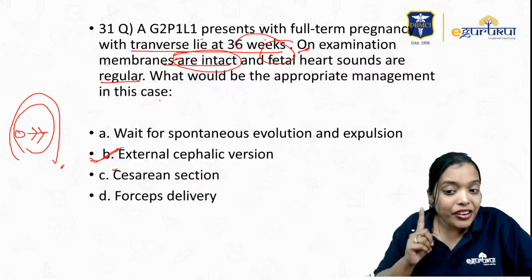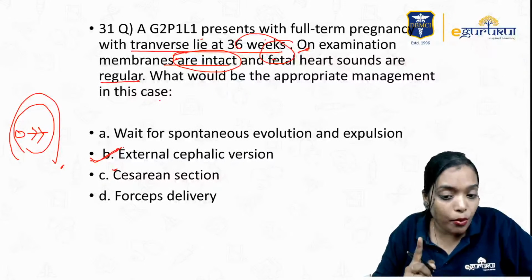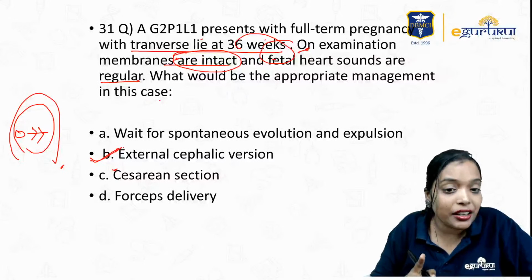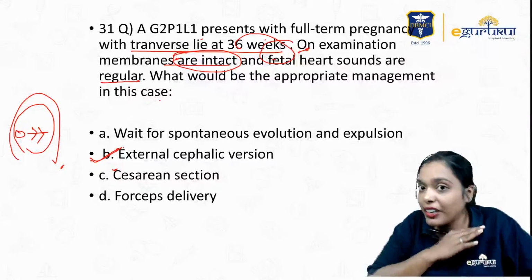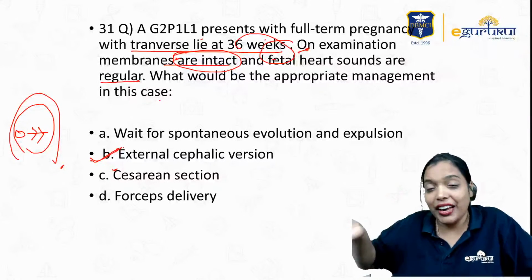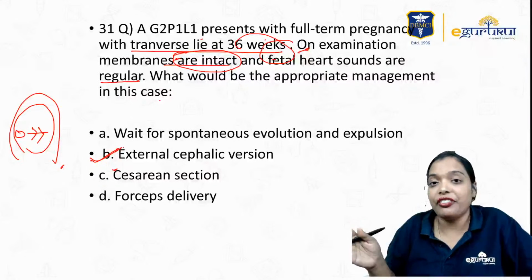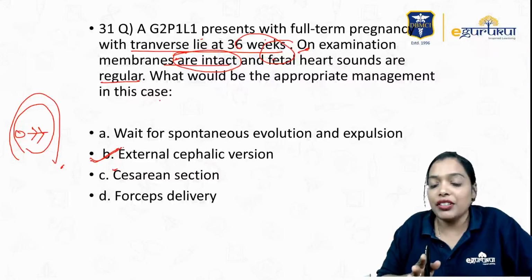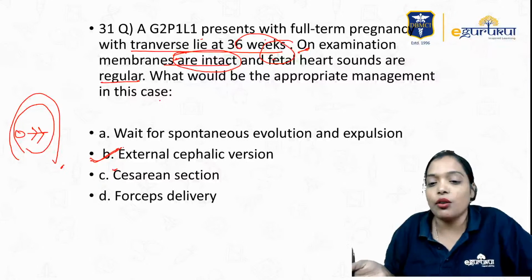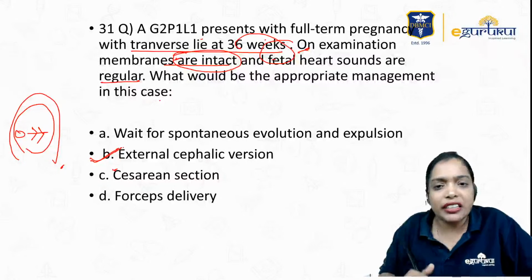So that is why here we are going to go for external cephalic version. Never wait and watch for spontaneous expulsion and evolution in transverse lie. It will never come out. Very rare. That too, it will result in a dead fetus. So as it is a transverse lie, membranes are intact, fetal heart sounds are good, you do try ECV.